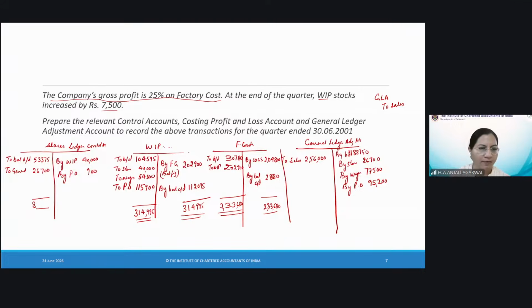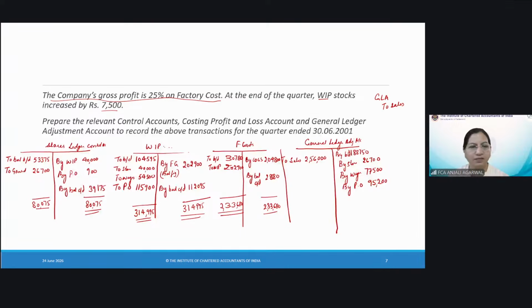So you had a total material of 80,075, out of which 40,000 was issued for production and 900 was charged to production overheads. So minus 40,900. The balancing figure of raw material in hand is 39,175. Your raw materials account is also complete.